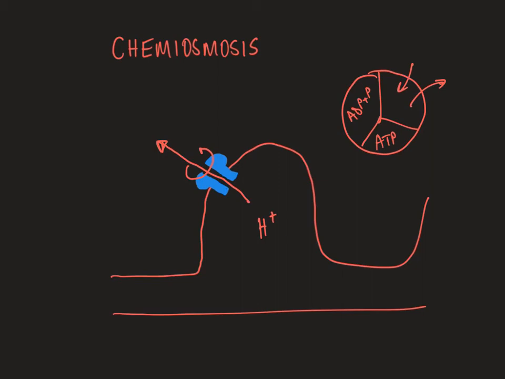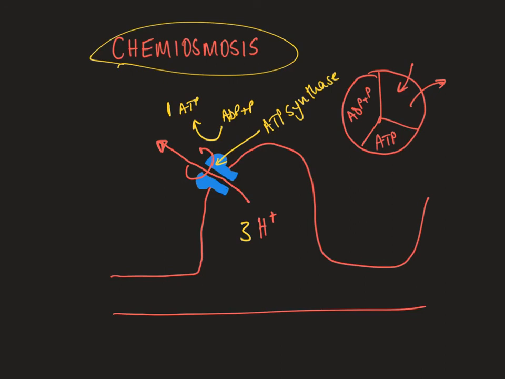So what happens is as these heads rotate, we are turning ADP and P into ATP, because in this head is an enzyme called ATP synthase or synthetase. Okay, it takes 3 hydrogen ions to produce 1 ATP, and that process is called chemiosmosis. So essentially the generation of energy by the movement of hydrogen ions, and that is called chemiosmosis.